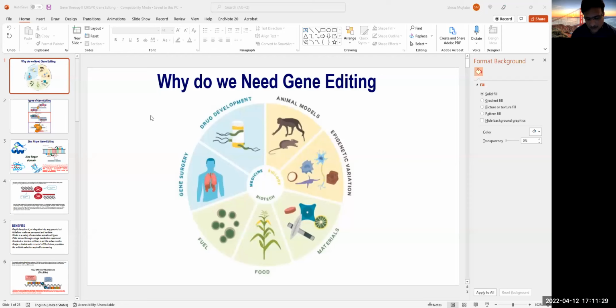But what happens is that when a technology is discovered and comes into the public domain, people have ideas and concepts, and they want to apply them in various model systems. For example, mRNA vaccines came for COVID-19.